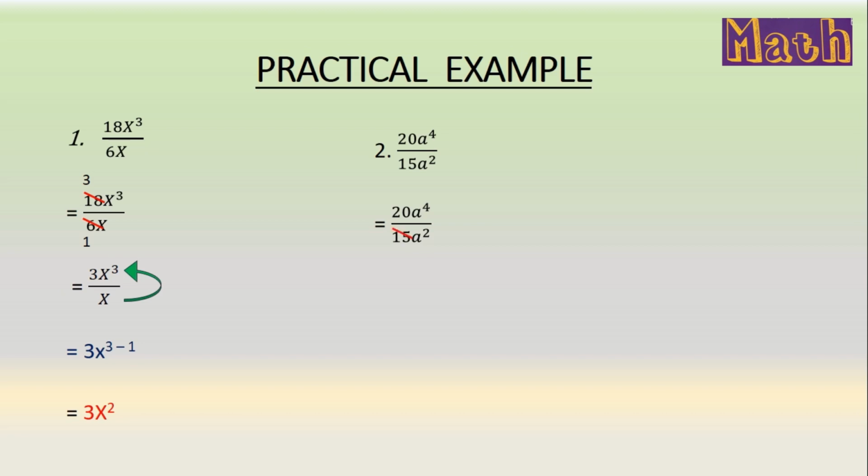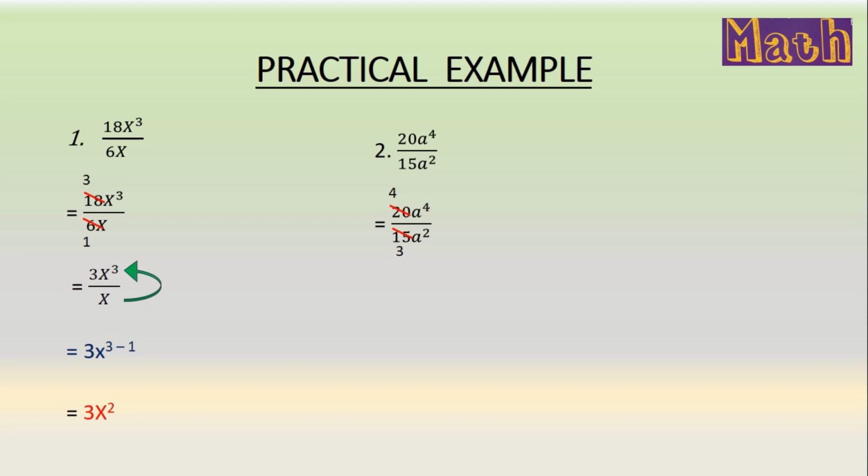So 20 and 15, what number can divide 20 and 15? That is 5. 5 divides 15 3 times and divides 20 4 times. So I have 4 over 3. Now 4 over 3, no digit can divide 4 and 3 at the same time, so 4 over 3 is in the lowest term.